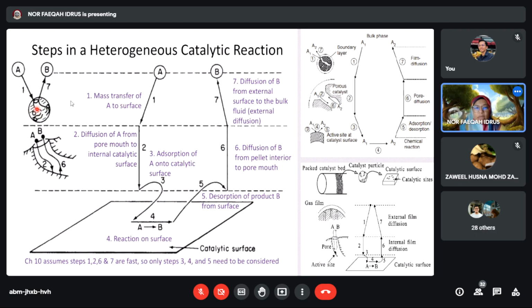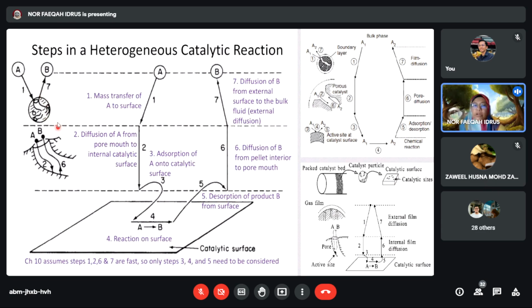Meaning that when the reaction occurs at the external surface of catalyst, step 1 is still the same. Step 2 becomes the adsorption. After the reactant reaches the external surface of catalyst, the reactant will adsorb on the active site at the external surface of catalyst.